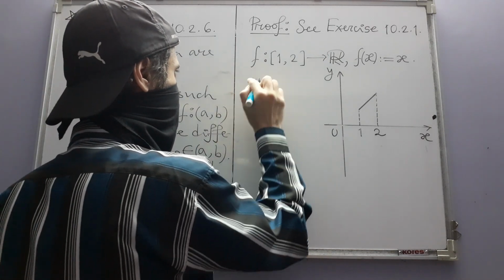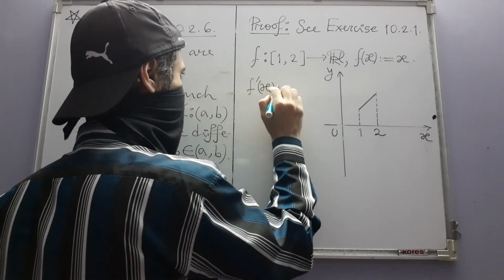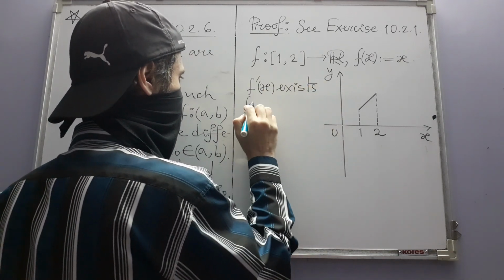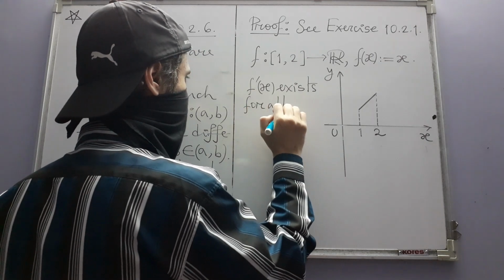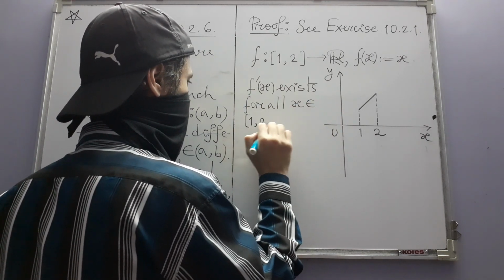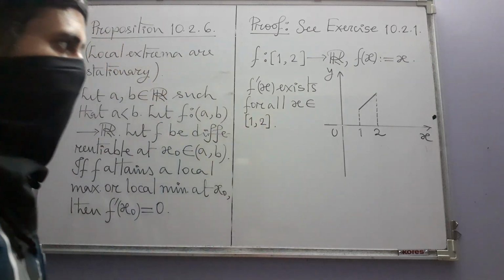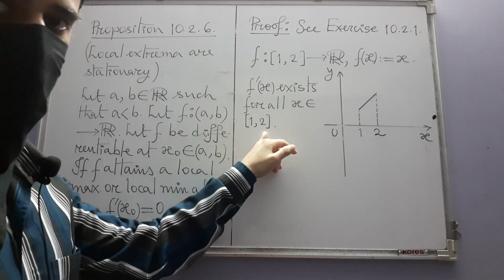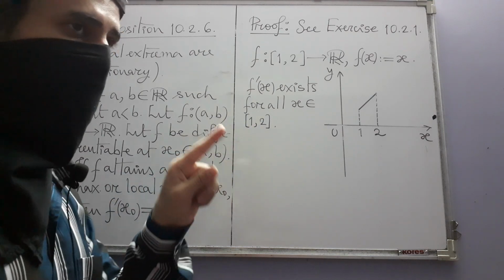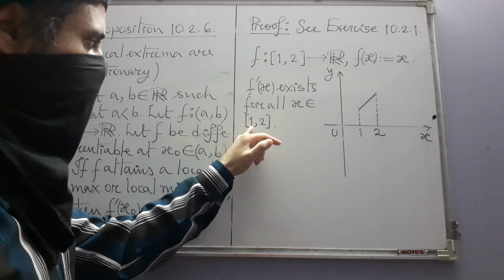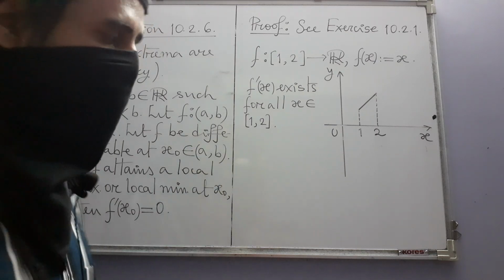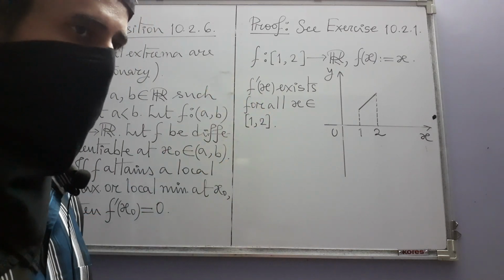F prime of x exists for all x belonging to this interval. Oh, and in this regard, let me also say at this point that we do not really have to bother about the fact that there are boundary points at which also we are saying that f is differentiable.